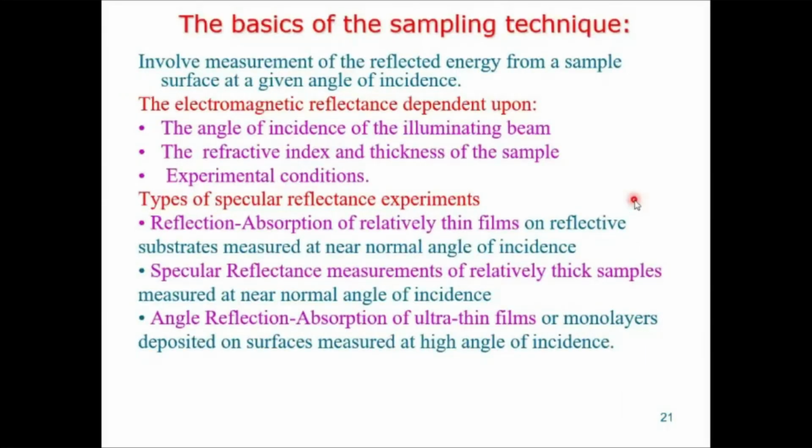First, reflection absorption of relatively thin films on reflective substances measured at nearly normal angles of incidence. Second, specular reflectance measurements of relatively thick samples measured at near normal angle of incidence. Then angle reflection absorption of ultra thin films or monolayers deposited on surfaces measured at high angles of incidence.